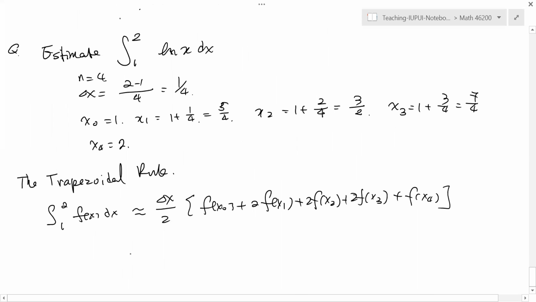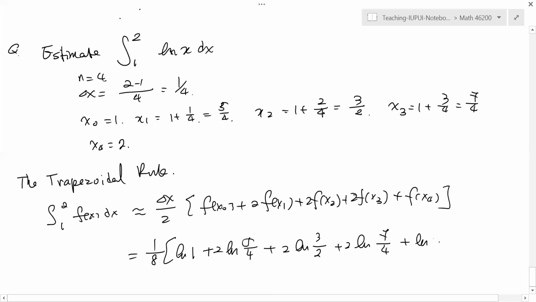So next step is to replace delta x, as this is 1 over 8, and f of 1, not 0. So it's natural log of 1, twice natural log of 5 over 4, twice natural log of 3 over 2, twice natural log of 7 over 4, and then natural log of 2.